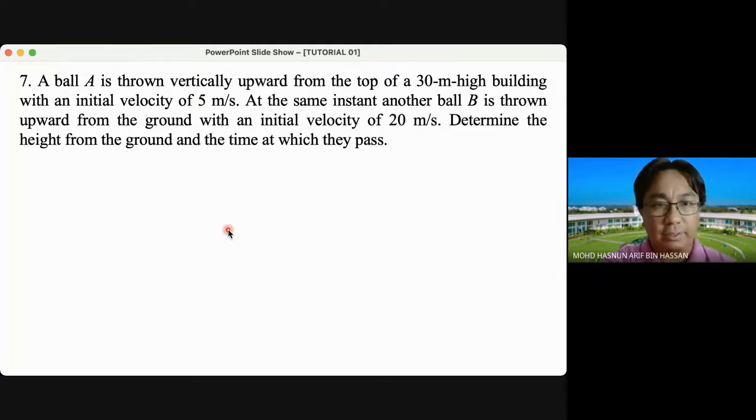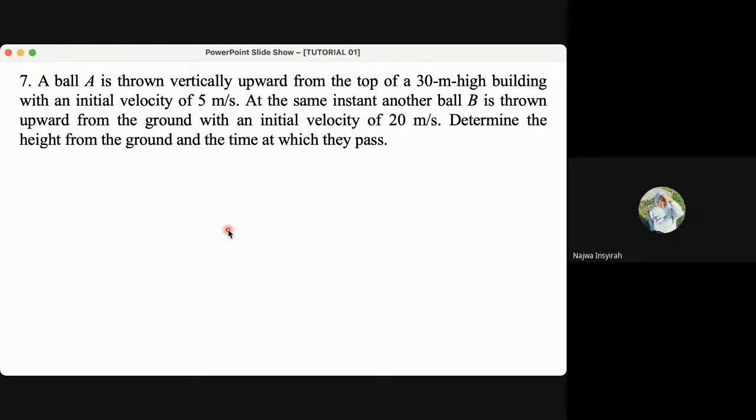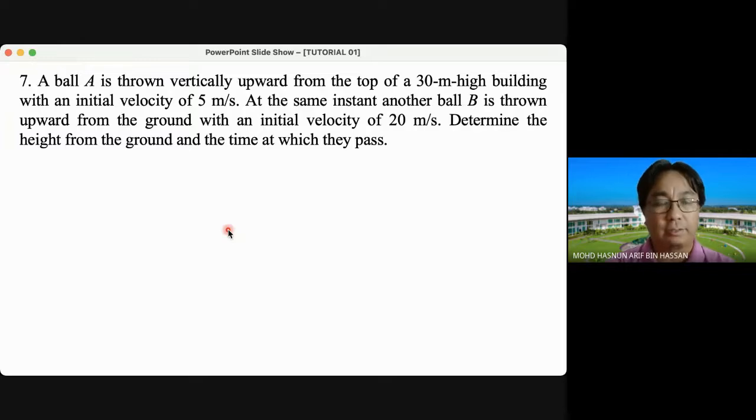Okay, my question is, is this a problem involving constant acceleration or not? Constant acceleration. Why do you say it's constant acceleration? Because it does not mention in the problem that the acceleration is constant. Because of gravity. Great, correct, Mutu Selvam. Because of the gravity. So what is the gravitational acceleration?